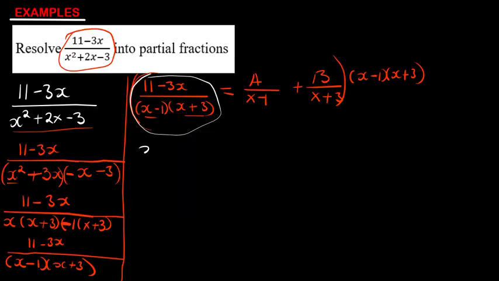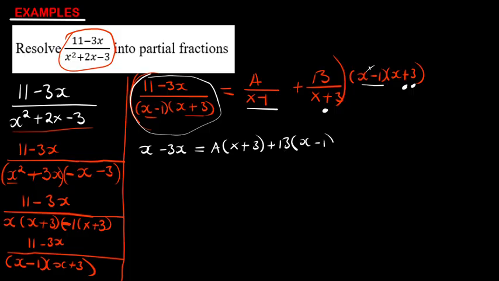So I will remain with 11 minus 3x equal to A, and when I divide this part by that, the only thing that will remain is x plus 3, plus B. When I multiply again, I'll remain with x minus 1.